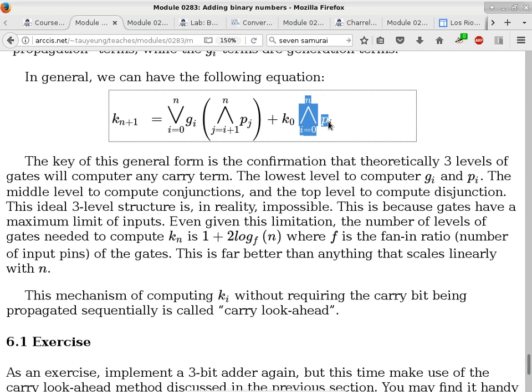So you're saying P0 and P1 and P2 and P3 all the way up to Pn. What n? N is determined by which k you're trying to figure out. So if you're trying to figure out k64, n is 63. Is that okay?